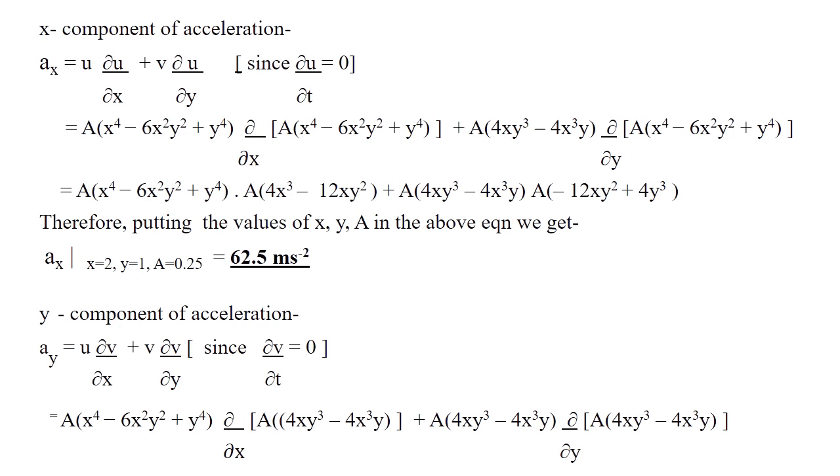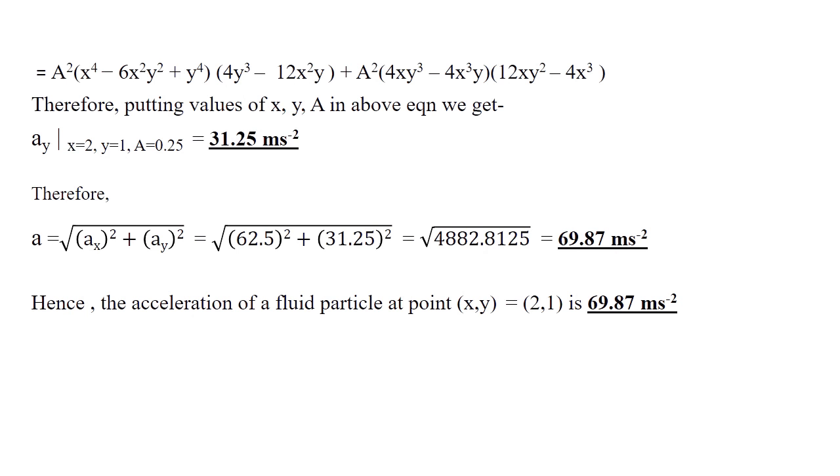So after doing the differentiation we will get this equation, that is ay is equal to a square within bracket x to the power 4 minus 6x square y square plus y to the power 4 into 4y cube minus 12x square y plus a square within bracket 4xy cube minus 4x cube y into 12xy square minus 4x cube.